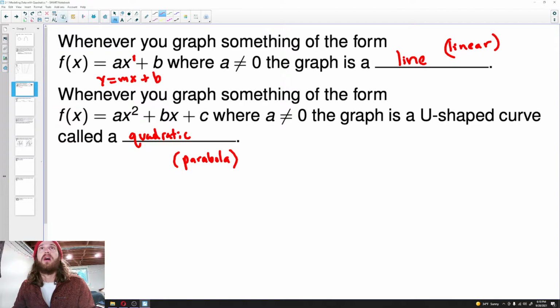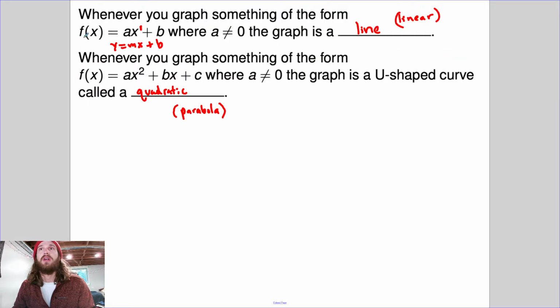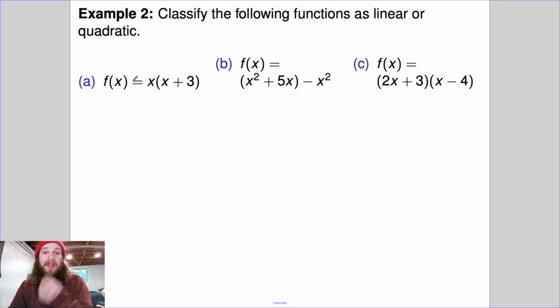So let's take a look at a couple of examples of functions that are kind of mixed up and jumbled up, and we're going to decide whether or not they are linear or quadratic. Now, if you take a look here, this expression in A is not simplified. So we can't say it's linear or quadratic because we haven't carried out all the operations that are possible.